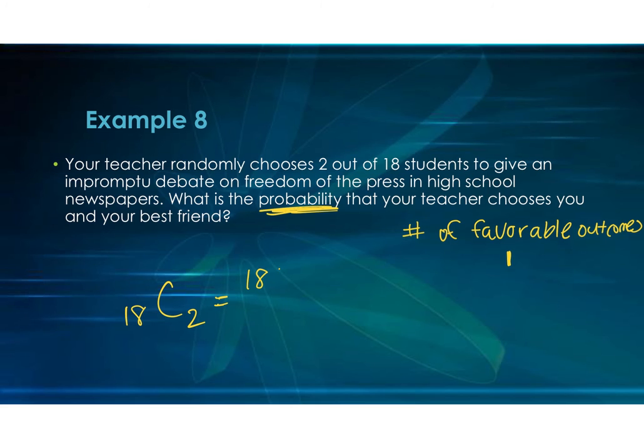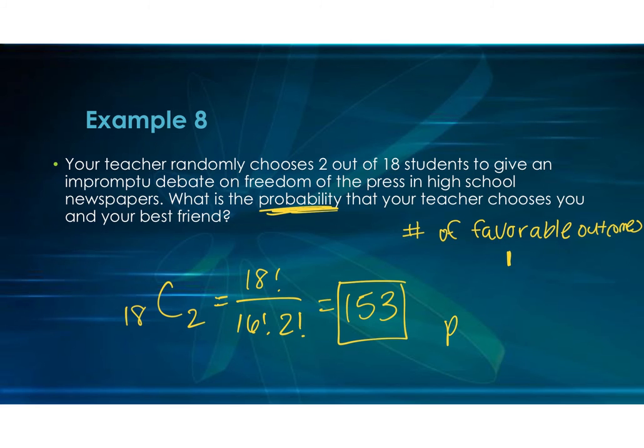We're going to do 18 factorial over 16 factorial times 2 factorial. All right. 18 factorial divided by 16 factorial times 2 factorial is 153. So this is the total number of combinations.